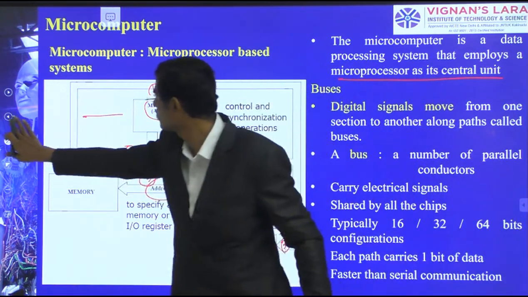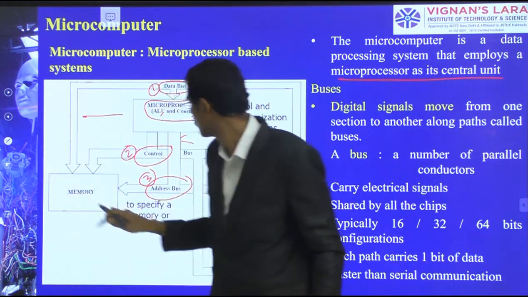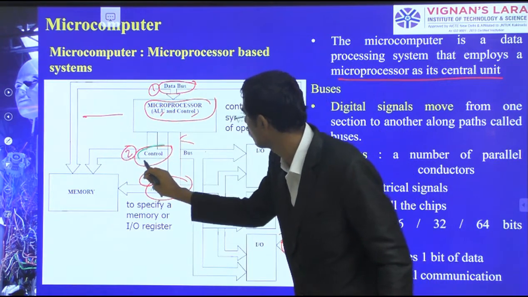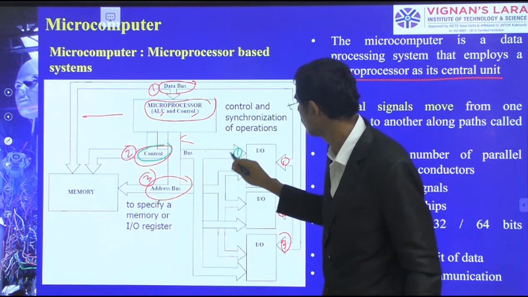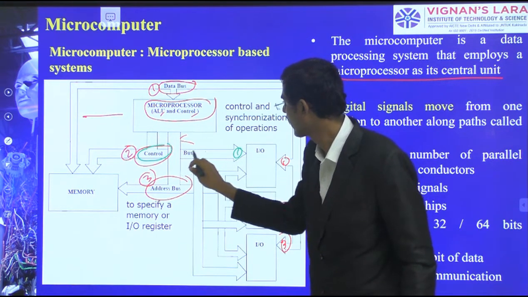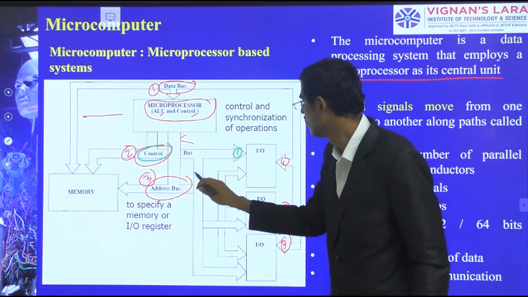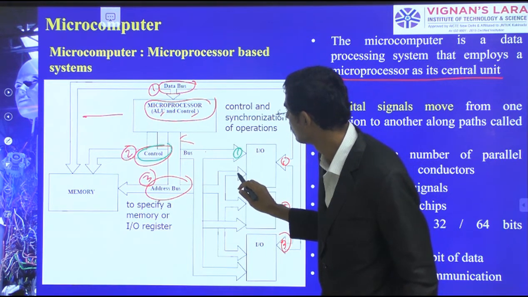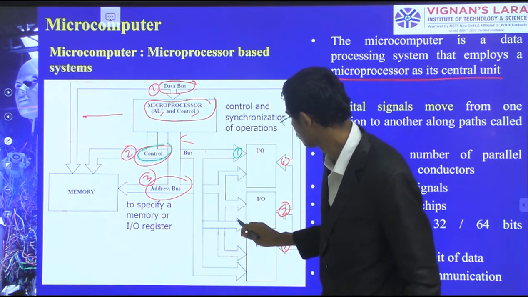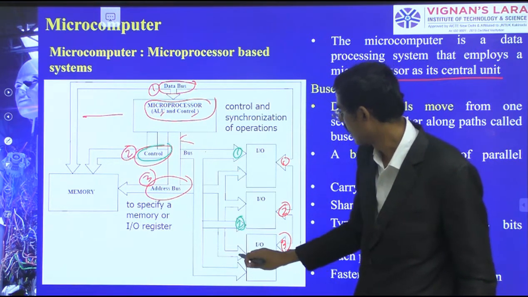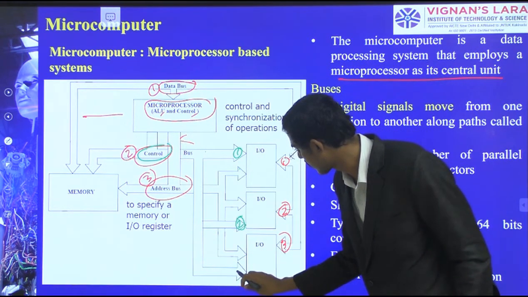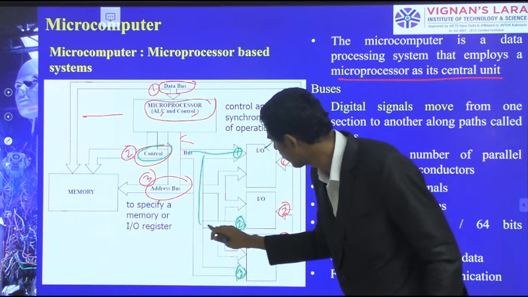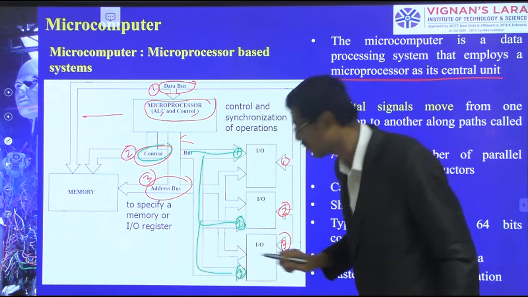And the second one, you see here, I am taking the control bus. I have taken this control bus and mentioned it as 1. Here it is connected. Again this control bus is connected here also, and then similarly connected to 3. It is coming here, coming here, and coming here.